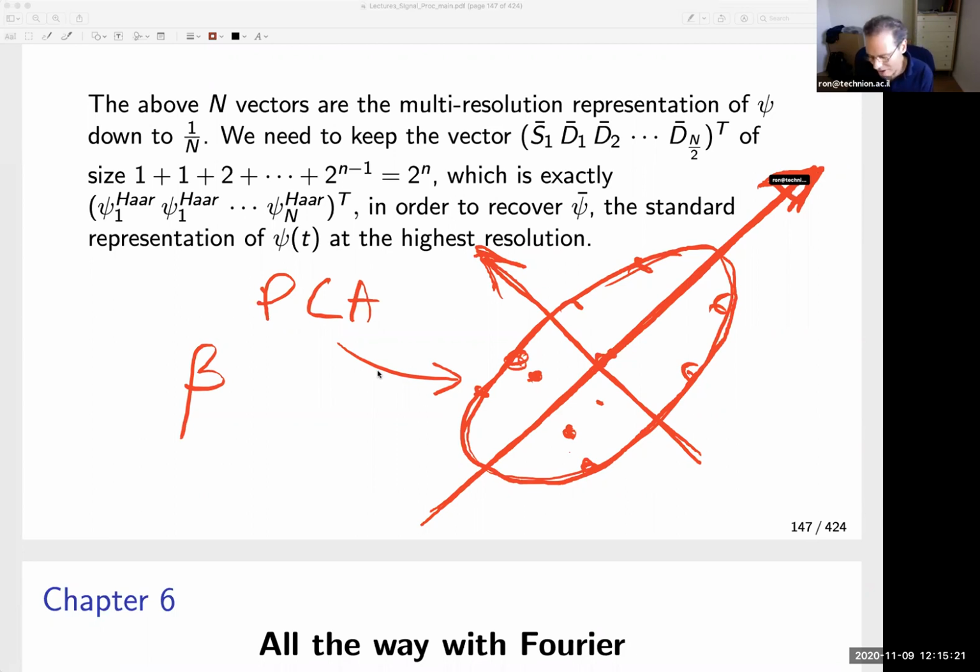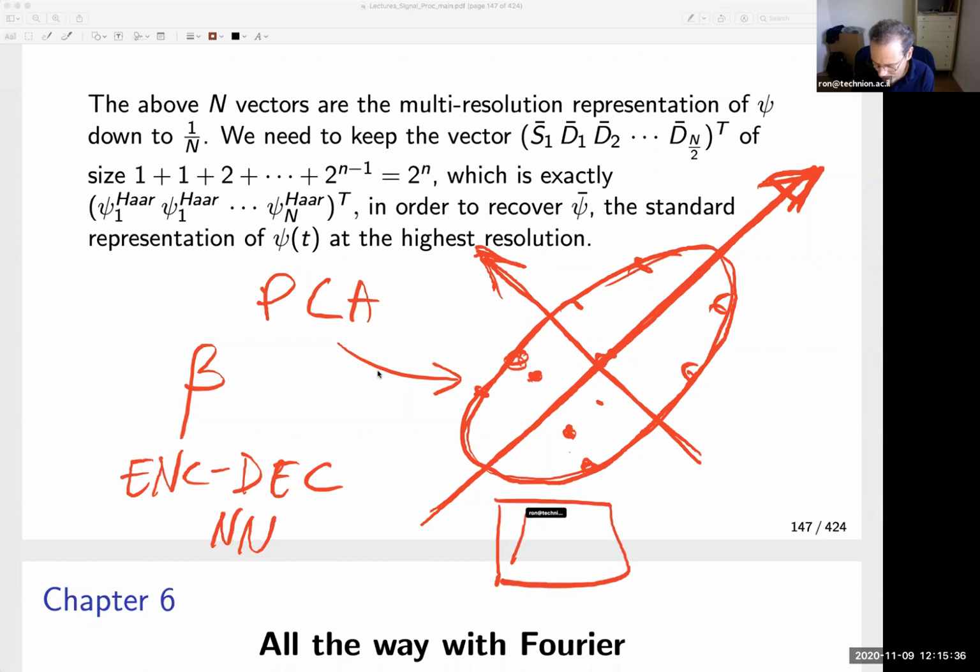Gaussian pyramid, obviously it is related, and obviously it is also related to encoder-decoder in the neural networks fashion, where over there you throw away completely everything that we learned about, and you just have a black box that is called a neural network. And you need to be a little bit clever about how you construct your black box, but at the end of the day, it would give you a small number of coefficients.